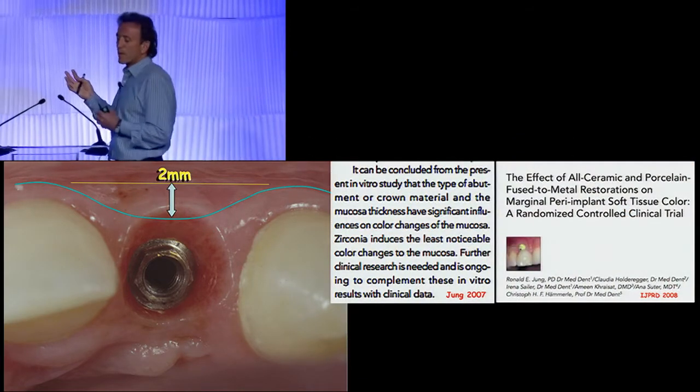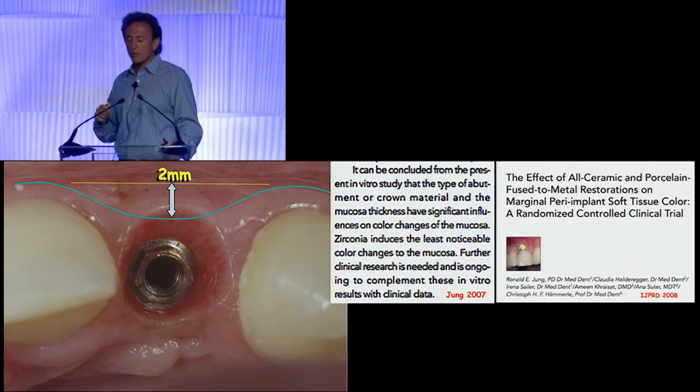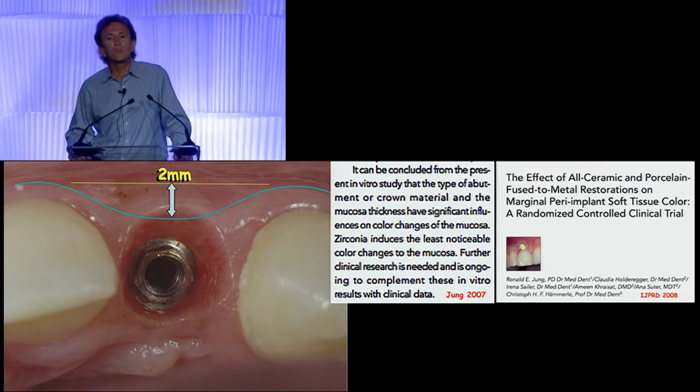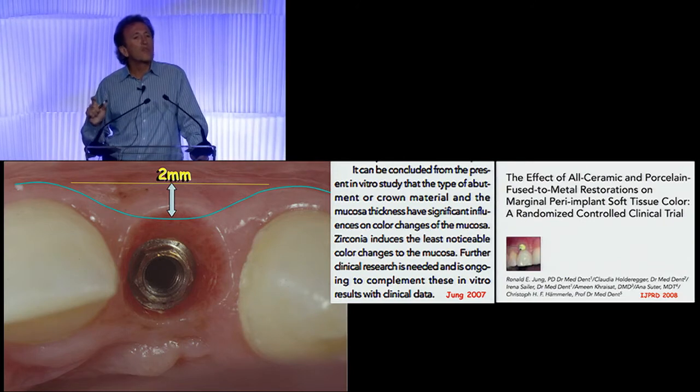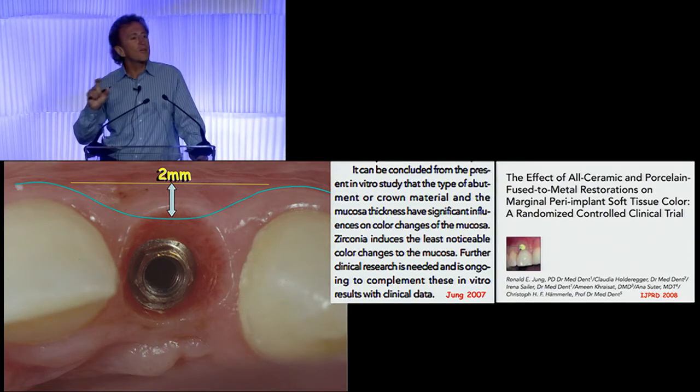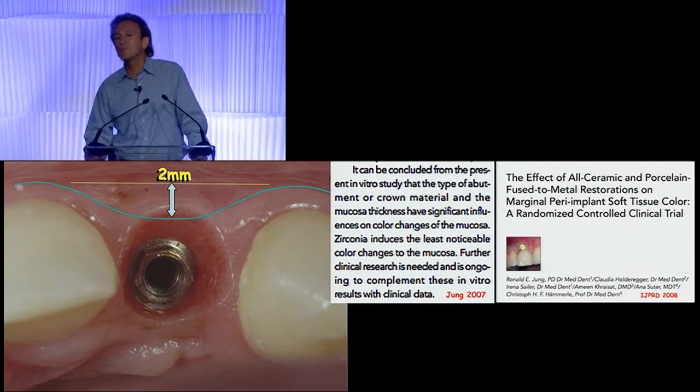Another factor which becomes very critical, and based on the literature now by Ronald Jung from Switzerland, is talking about how tissue stability is important relative to thickness and how it relates to how we make decisions about abutments.